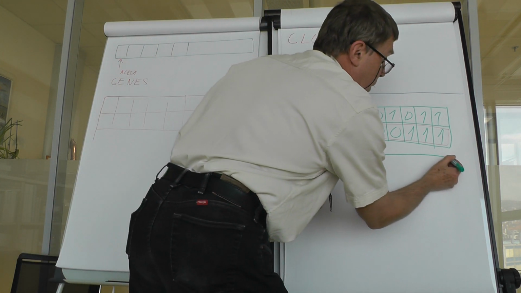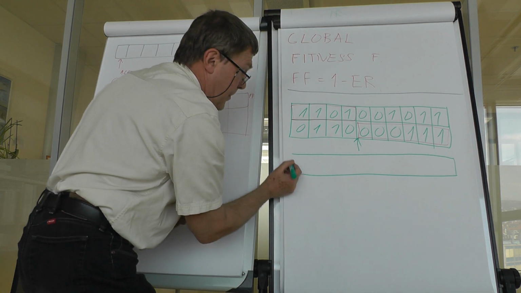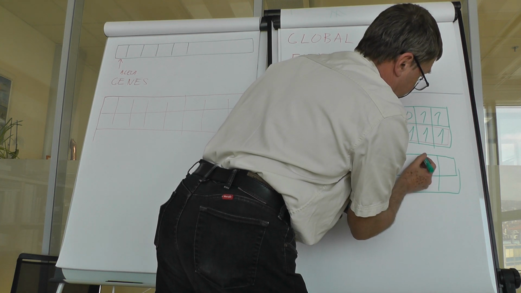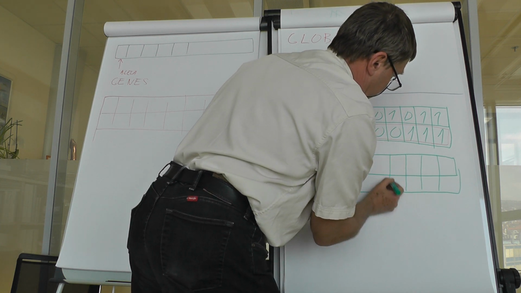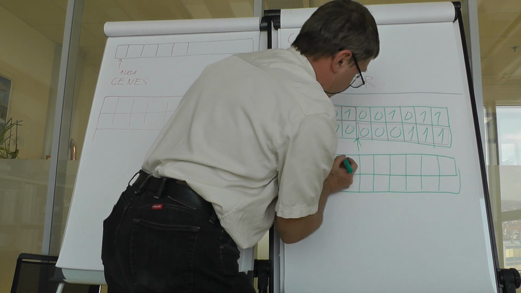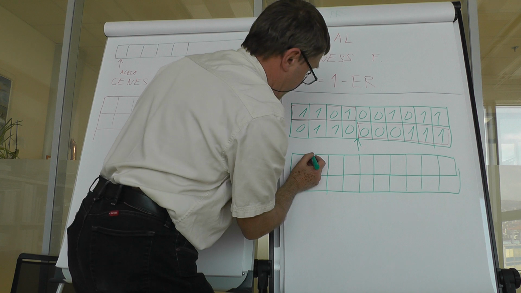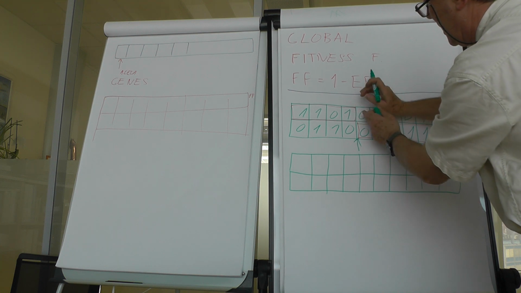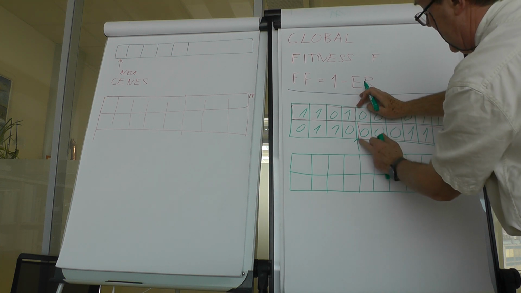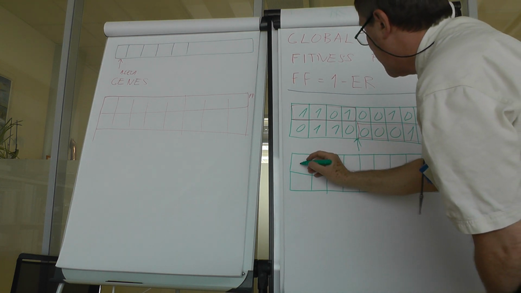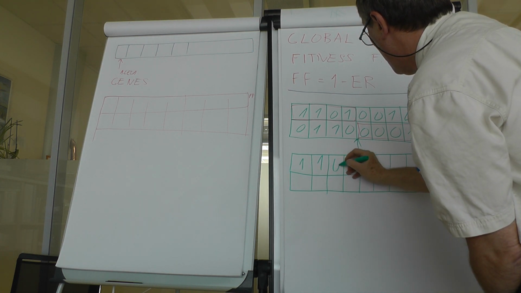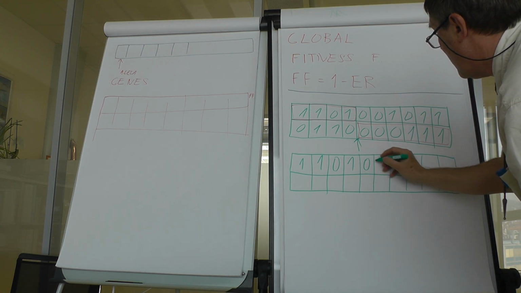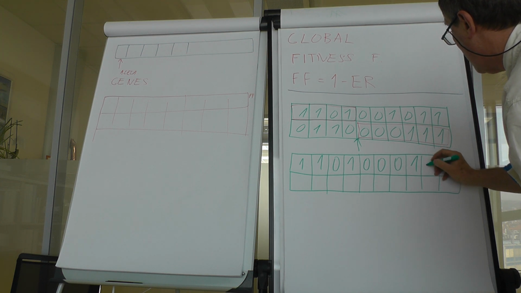We will have two children. The first child would have the first part of the first chromosome and the second part of the second chromosome. Let's write it down: 1, 1, 1, sorry, 0, 1. And now from the second part, 0, 0, 0, 1, 1, 1.